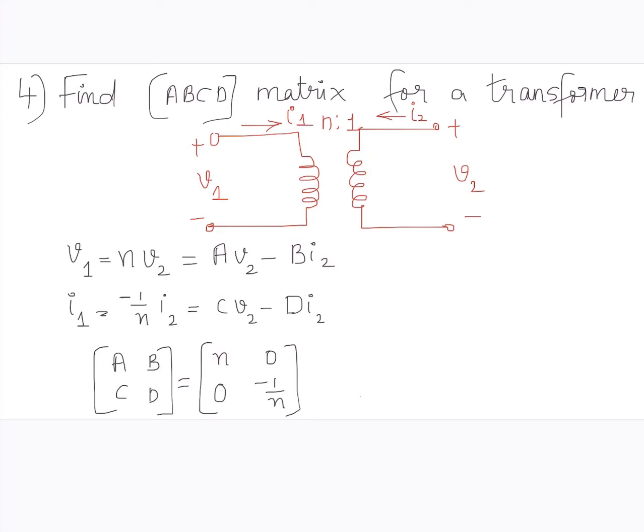So this will be equal to minus 1 by N into I2, which is equal to the general expression. So comparing both the terms, A is equal to N, B is equal to 0, C is equal to 0 and D is equal to minus 1 by N. D will be equal to plus 1 by N.